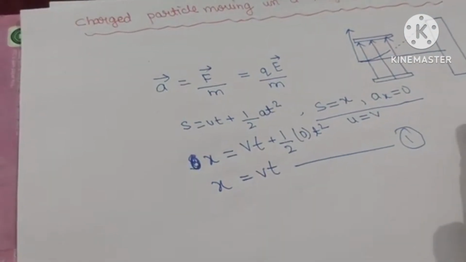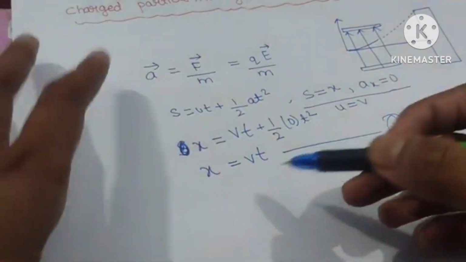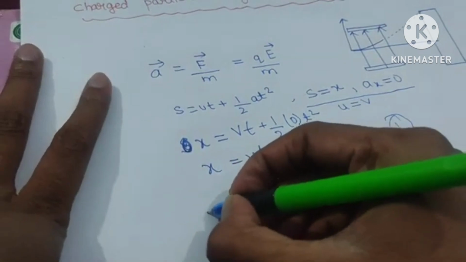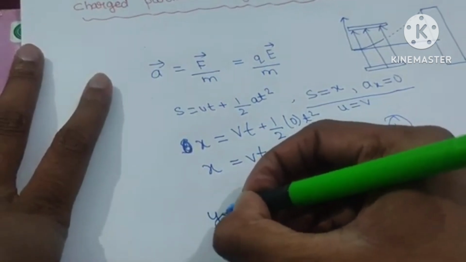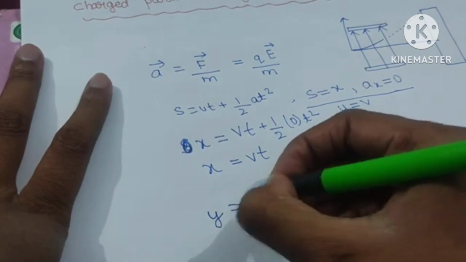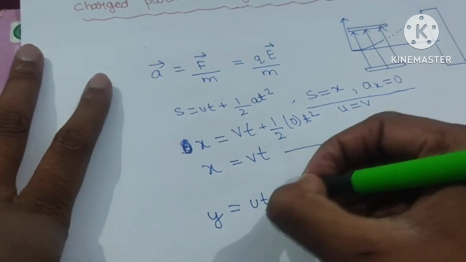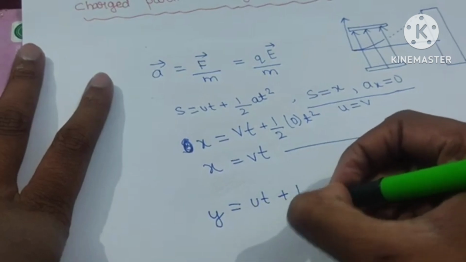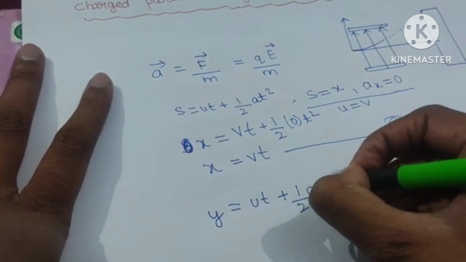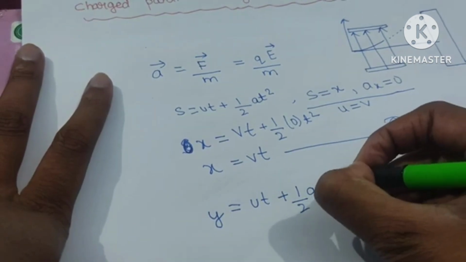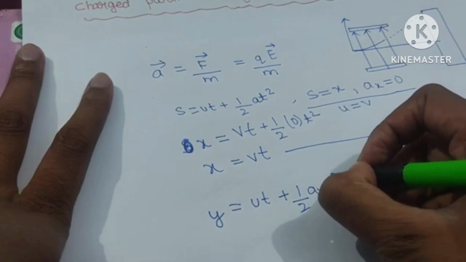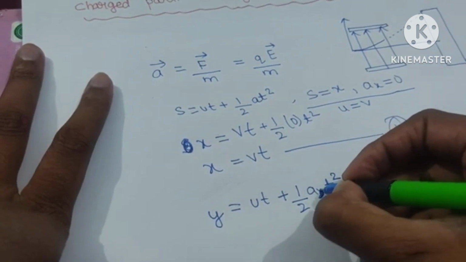Now we find it for y. So y equals ut plus half a_y t squared. In general you can write a.